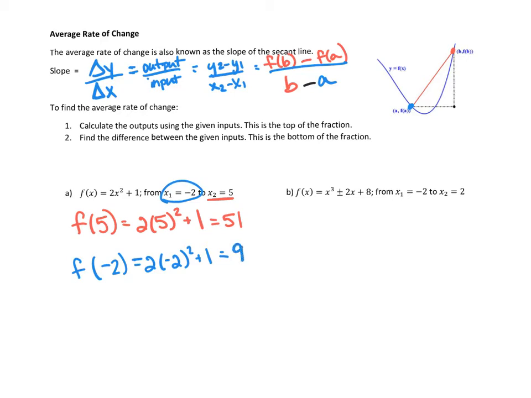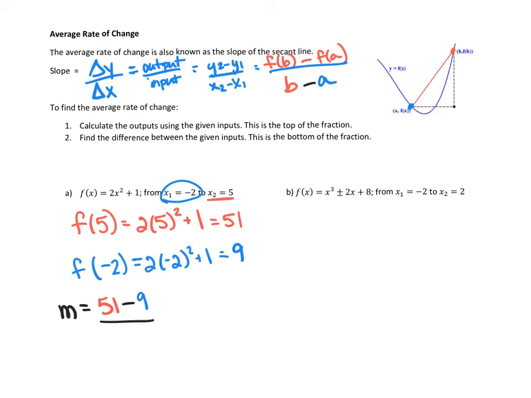So now that I have the outputs for both of these, I'm going to do the slope. We call slope m. So m is equal to the first one I calculated, which was 51, minus the second one, which is 9, divided by the difference in the inputs.